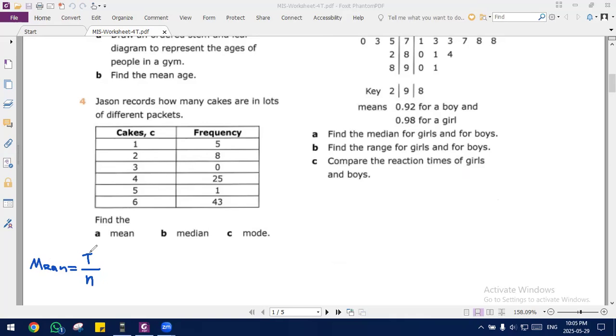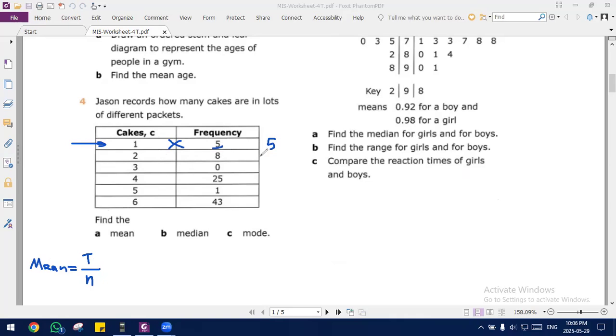To find how many cakes, in the first group, it says only one, but it's not only one. I have 5 packets that have 1 cake, so you should multiply them. So in the first group, I have 5 cakes.